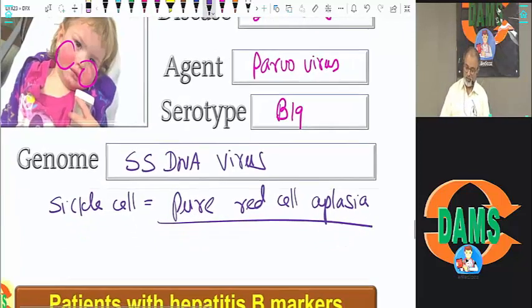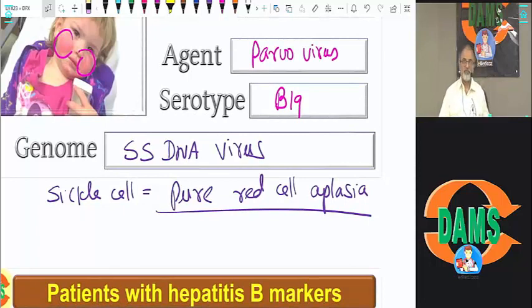Okay. So it causes pure red cell aplasia. Come inside. I'll call them. No problem. AC may be little extra cold. Many places people are complaining no AC. AC is not working. Your complaint is little opposite. But here little opposite. I'll call the people. AC band.